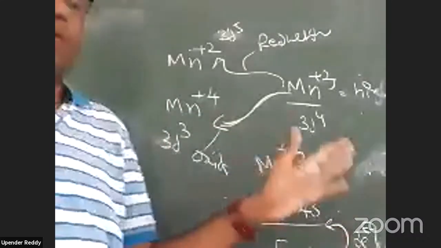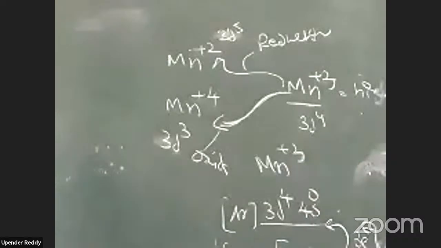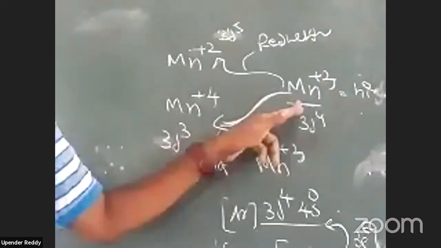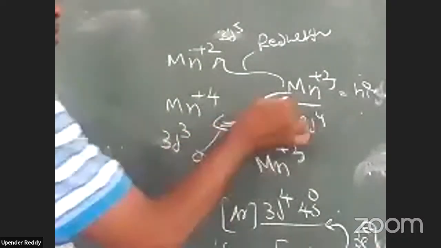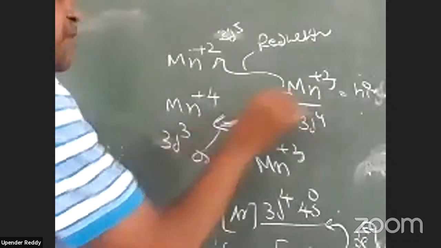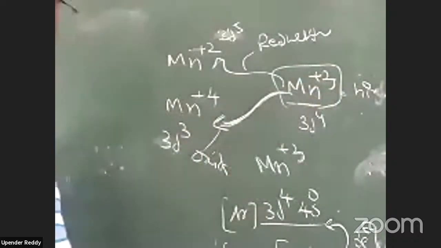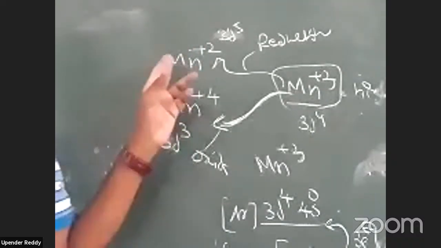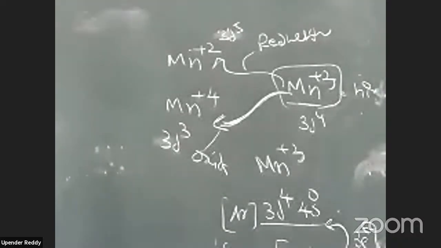That is the second point we will discuss later. What I am going to explain here, listen carefully. It undergoes double decomposition, so wherever you find Mn plus 3 compounds, they immediately convert into Mn plus 4 or Mn plus 2 depending upon the situation. Mostly they convert into Mn plus 2 to get stability.